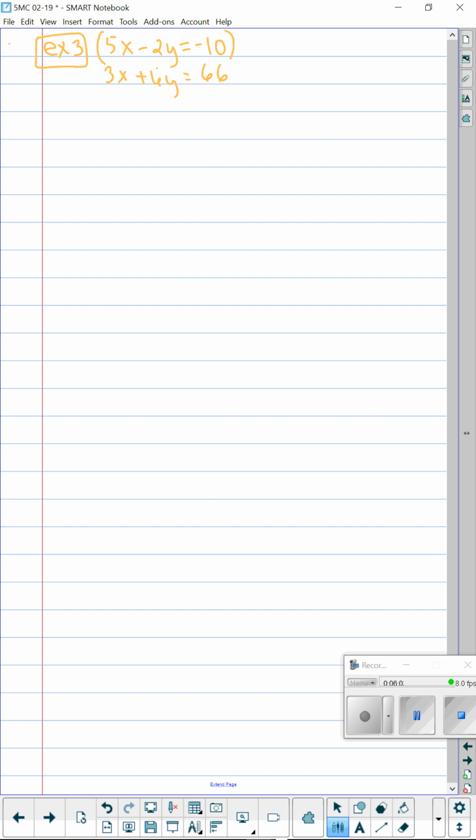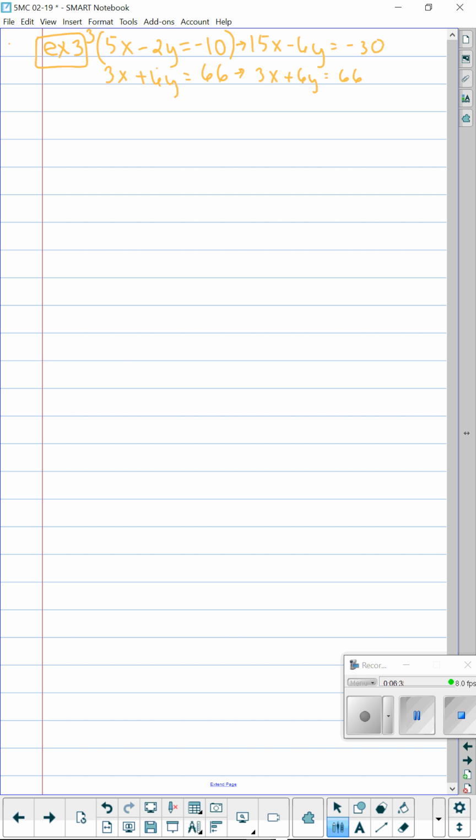So that means that I can take this equation and multiply it by 3, and then I'll have a zero pair. So now this first equation will become 15x minus 6y equals negative 30. And then we want the second equation to stay the same. So 3x plus 6y equals 66.